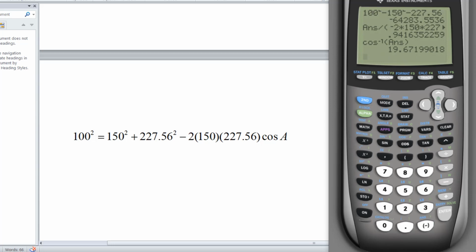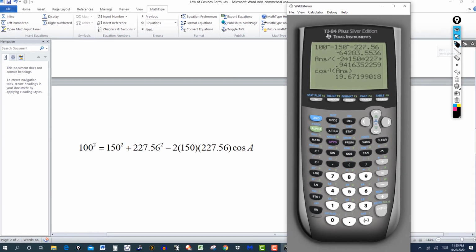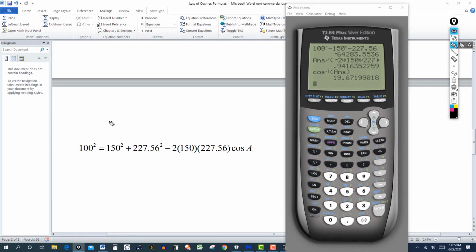So the answer to this problem would be north 19.67 degrees, and that's east.